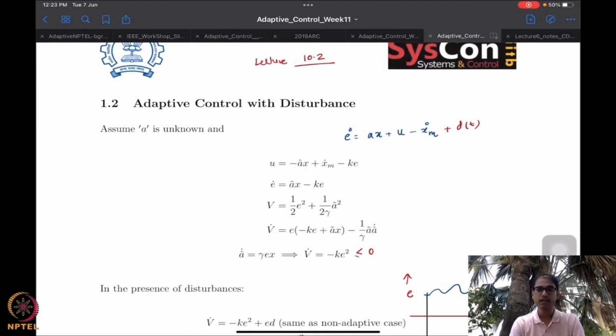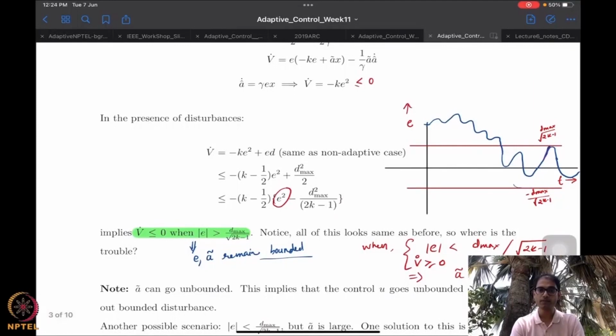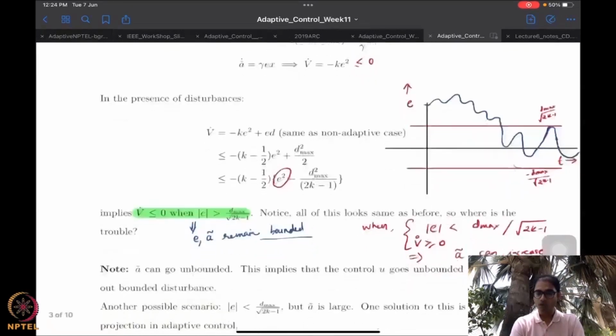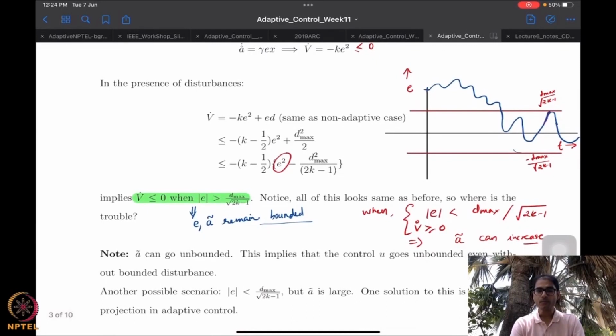And we realized that one of the big issues that occurs because of adaptive control is the fact that though your errors might remain bounded under the action of an adaptive law, what can happen is that your a tilde, that is your parameter estimation error, can very well go unbounded. Yeah?